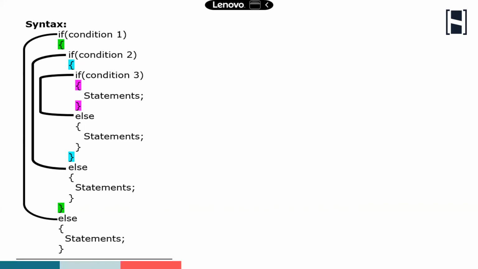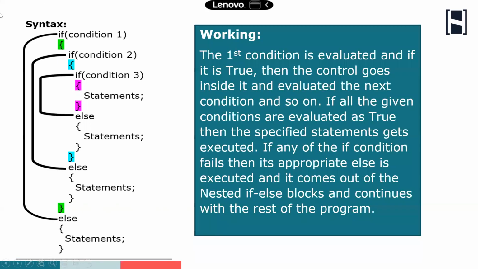Right, so how is the flow going to go? That is, how is the program's execution going to go? First, it will start by evaluating my condition 1. If condition 1 is true, then it will go inside and check for condition 2. If condition 2 is also true, then it will go further inside and check my condition 3.